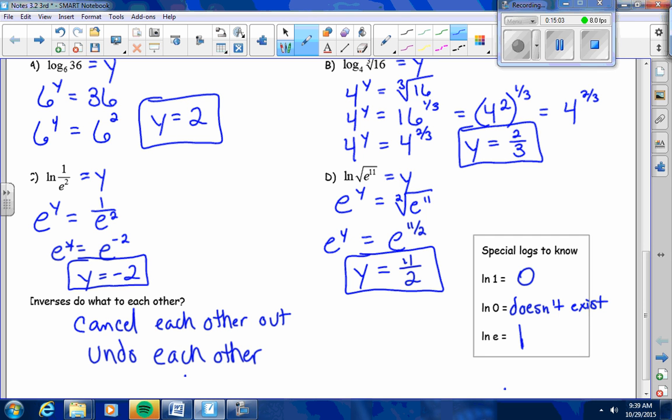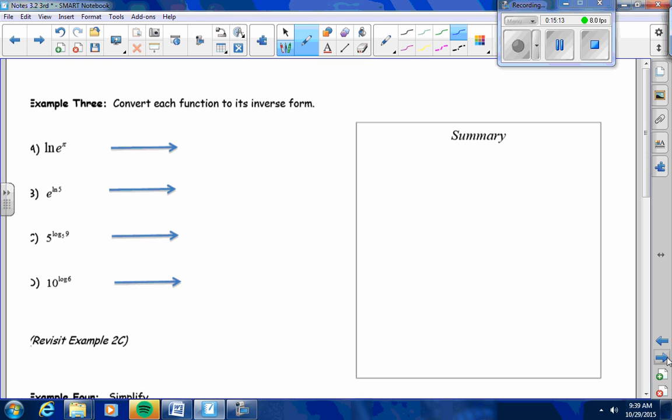Any questions on anything on this front side? All right, let's flip it over. Example 3, convert each to its inverse form. So we're either given logarithmic form or we're given exponential form, and we have to convert it to the other, whichever one is its inverse.